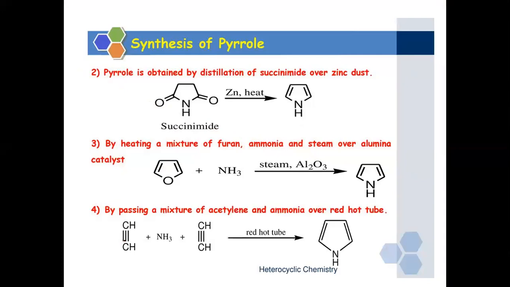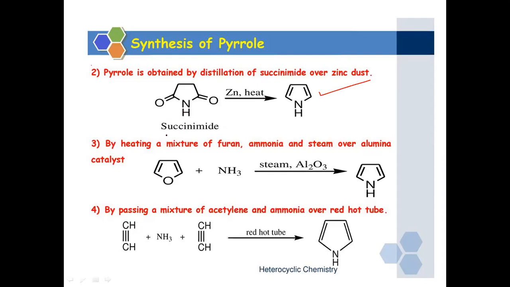Next is the synthesis of pyrrole. There are three synthesis methods given in your syllabus: preparation of pyrrole as a heterocyclic compound from succinimide, from furan, and by using acetylene. Very simple reactions are given.